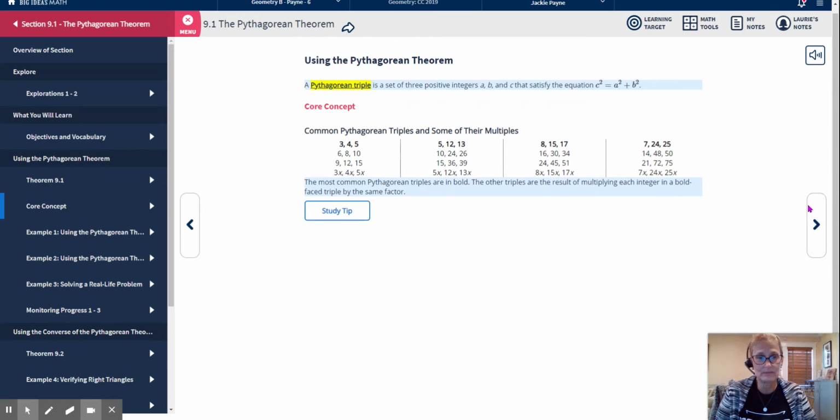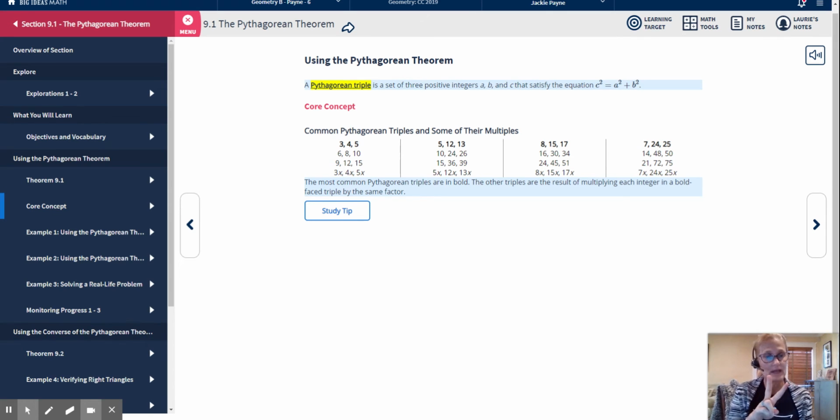So when we look at the problems, we can sometimes figure these out in our head. These are really, really helpful things called a Pythagorean triple. So it's a set of three positive numbers, a, b, and c, that satisfy this equation. The most famous and the one that's easily recognizable is 3, 4, 5.